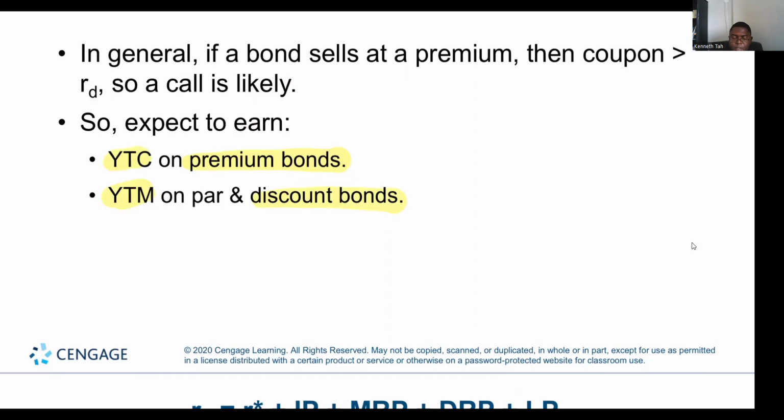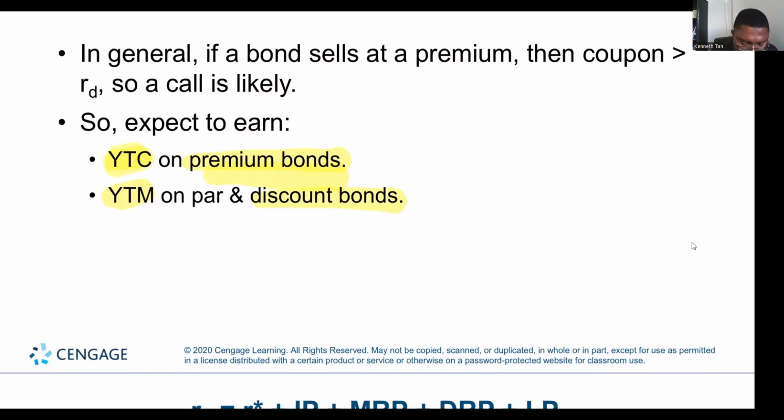So if interest rate is lower, what that means is that interest rate can only go up. And if interest rate goes up, then the issuer of this bond is going to exercise their call provision. So which means that if you hold a premium bond, you most likely earn a yield to call.